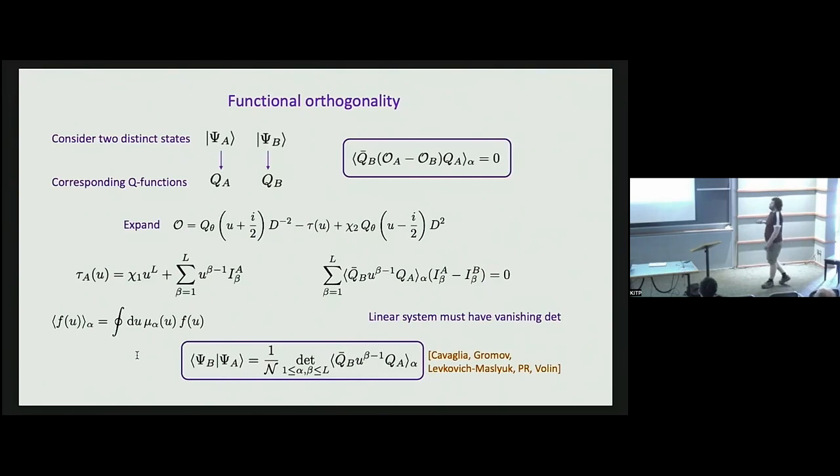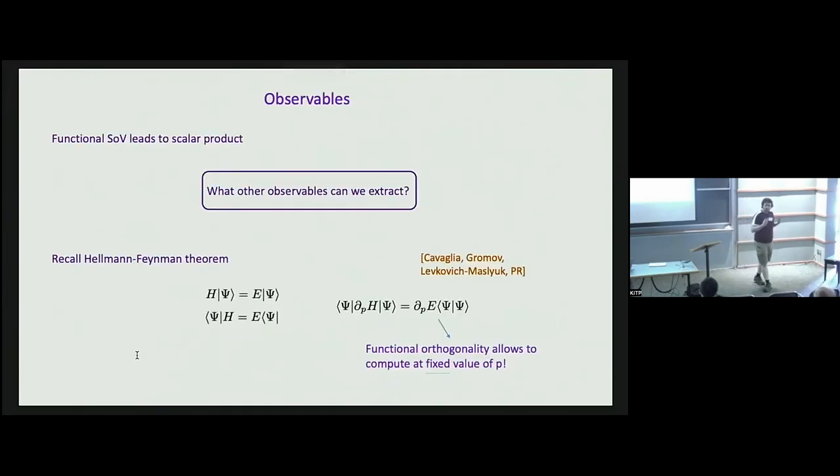Okay? So this is the scalar product, but the scalar product is only one such object you might like to compute. So next up are the other observables which we can compute. Okay?